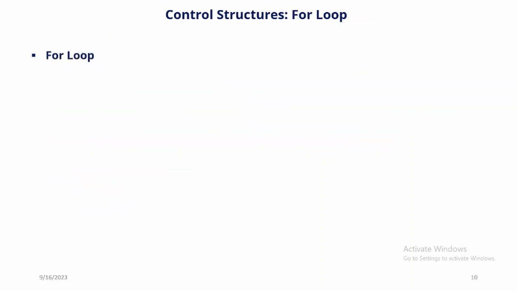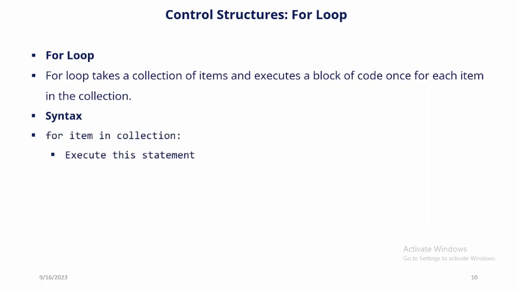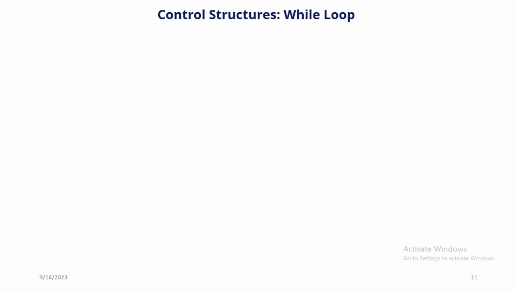But again, let's look at the for loop a little bit more. For loops take a collection of items and execute a block of code for each item in the collection. The syntax is: for item in collection, execute this statement, continue executing the sequence of indented statements.